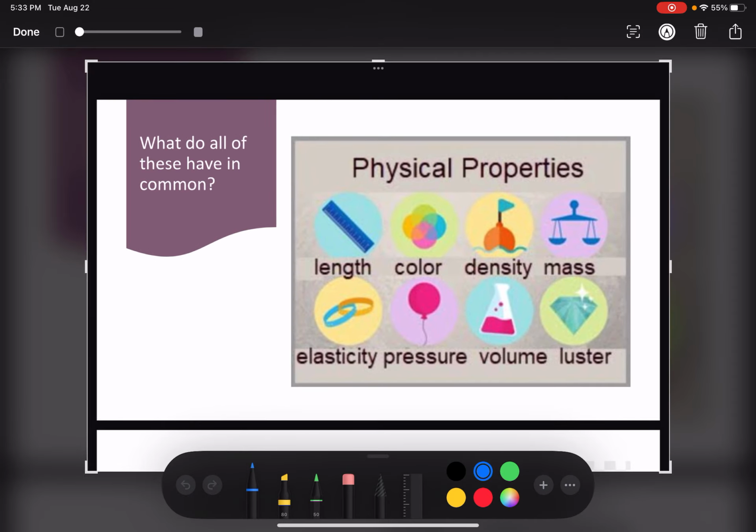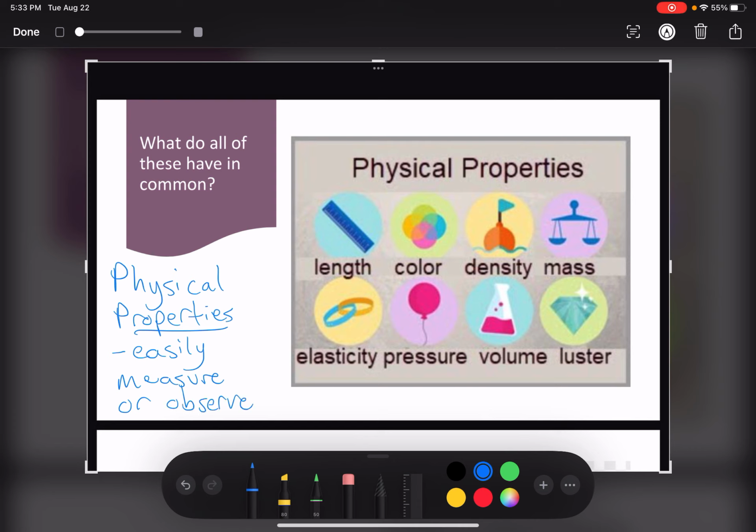First of all, we have some physical properties seen right here on this slide. Physical properties are all properties that you can easily measure or observe without a chemical change.